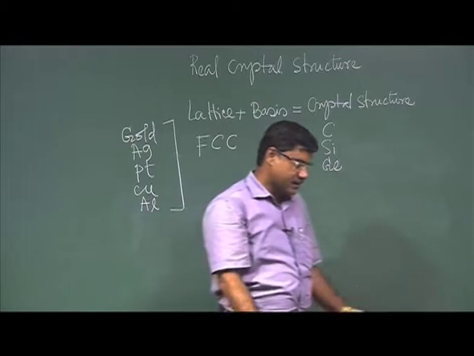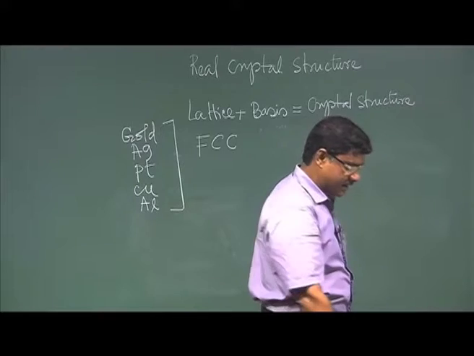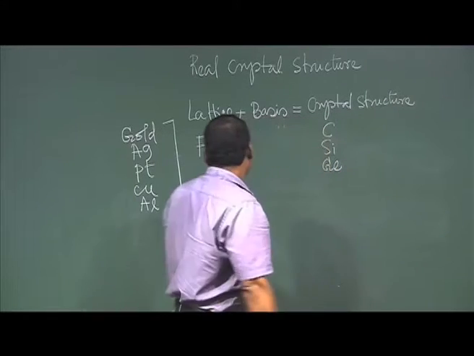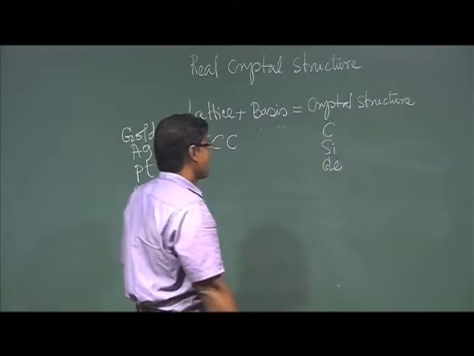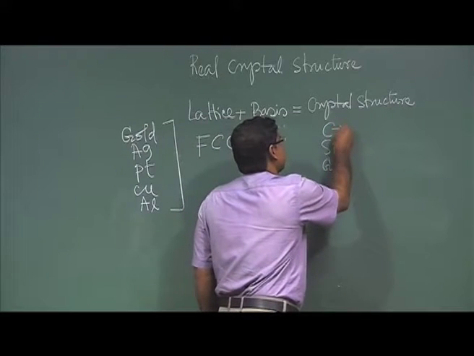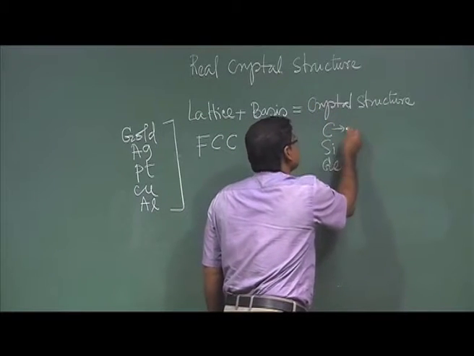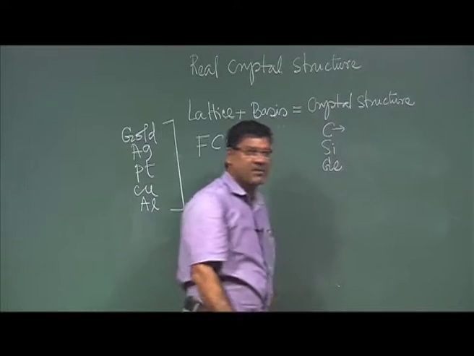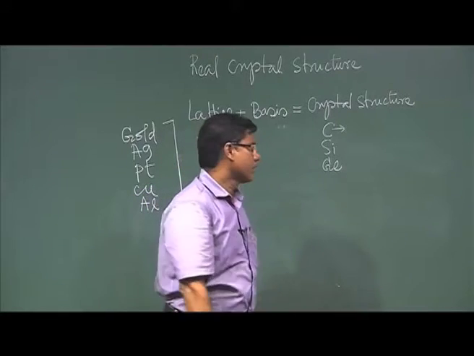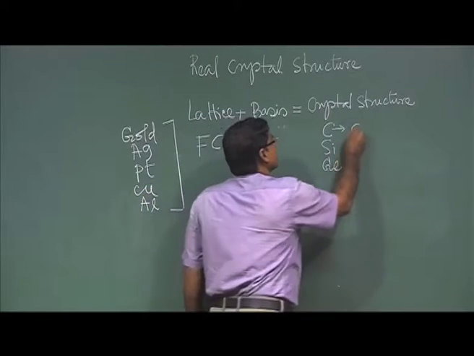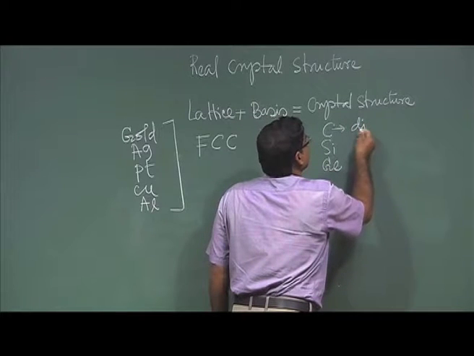So, these are the materials generally we do not see except carbon, carbon we see, yeah. So, it has different forms, graphite, diamond. So, carbon is diamond form.